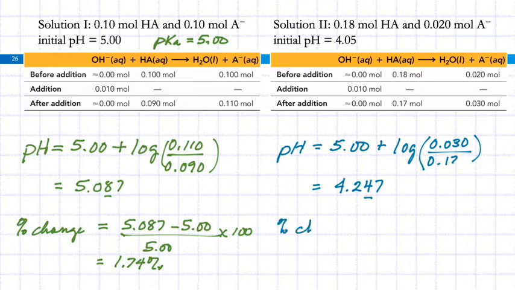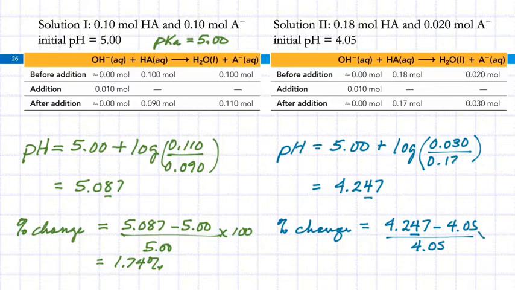And here, percent change is... 4.86%. No? 4.247 minus 4.05, divided by 4.05, times 100.